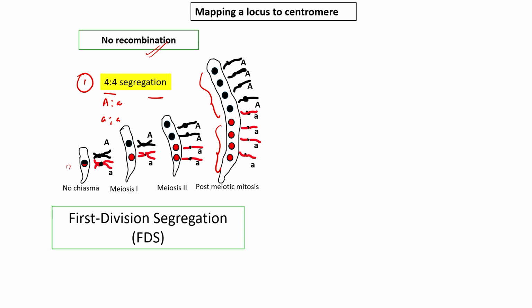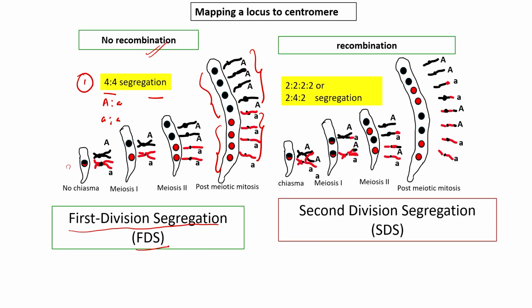So there are 2 possibilities of the arrangement of these spores within the ascus, and because there is no recombination here, we call them first division segregation, right. So in first division whatever segregation you get, that is why all 4 on one side are the same and all the other 4 are the same. So remember this, you will see it is a very interesting way of looking at the gene order and distance.